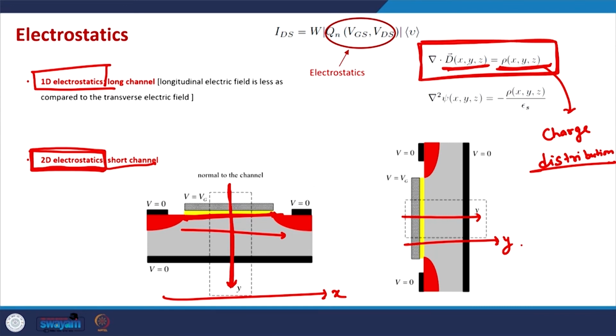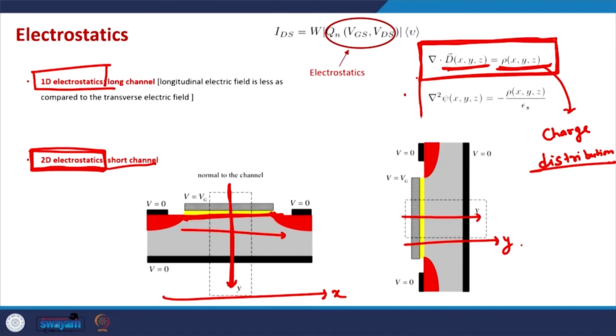By using this relationship, we can find out the potential due to a charge distribution, and we can also find out the charge due to an applied voltage or an applied electric field.